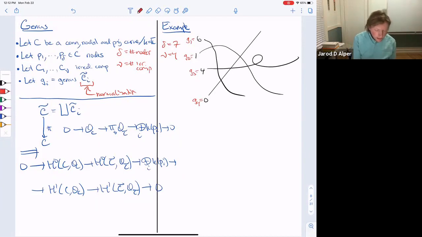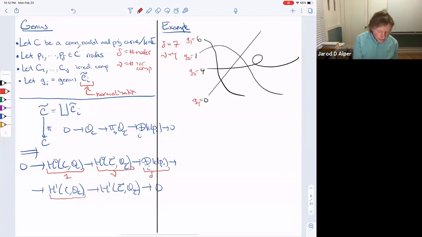And so we just look at the dimensions of these components, right? We're assuming C is connected, so this is one dimensional. C tilde is not necessarily connected. The number of connected components is precisely the number of irreducible components of the original curve. This is mu. And here we're taking the direct sum over all the nodes, that's delta.